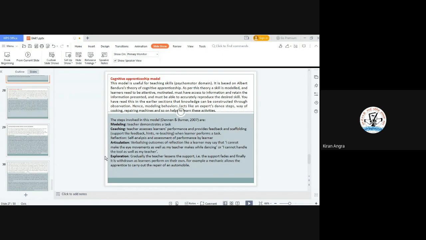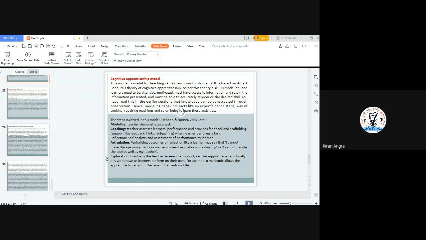Exploration. Gradually, the teacher starts lessening the support. That is the support fade: the support being given by the teacher fades and finally is withdrawn as learners perform on their own.